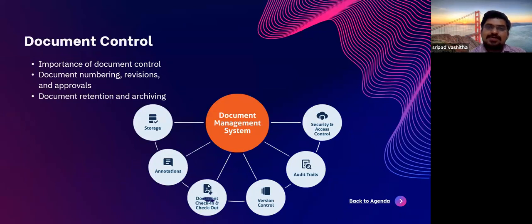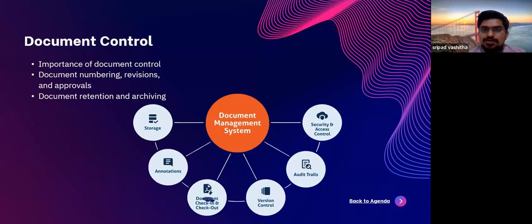If you compare it with an MNC, then the number of documents would be enormous, correct? How do you control that? How do you know which data is in which document, which document I have to refer to and when, correct?